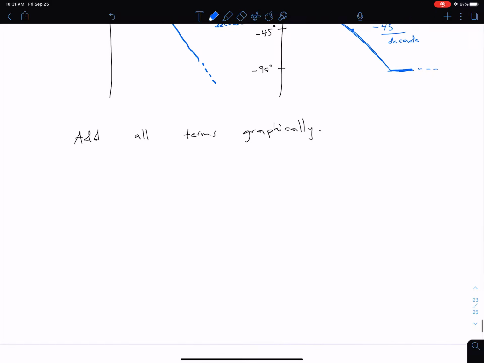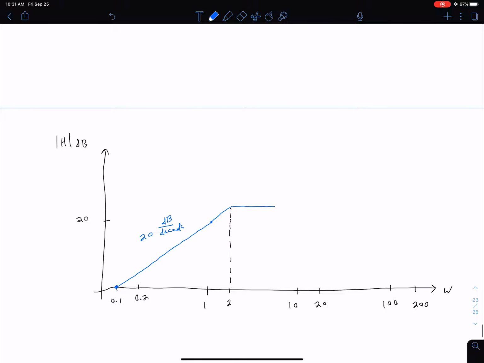That kicks in at a frequency of 10. So we can draw lines up here to indicate where that frequency is. We stay constant until that point, at which time we begin decreasing by negative 20 dB per decade. So we get something that looks like this. This is negative 20 dB per decade.